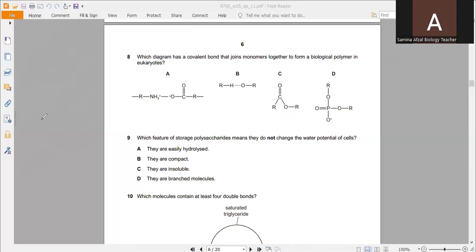You can see the plus and minus, so these show ionic bond formation. In B, this is a hydrogen bond. And at C, you can see an ester bond.